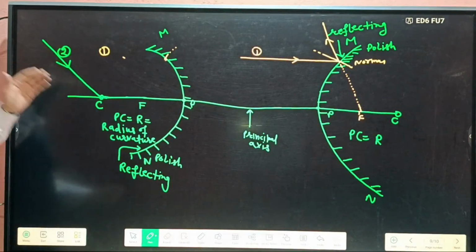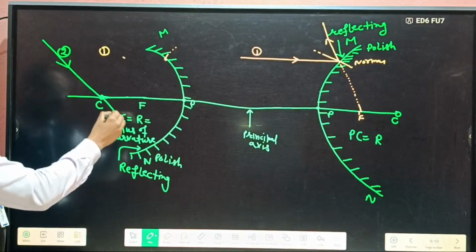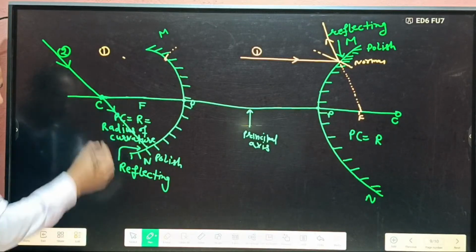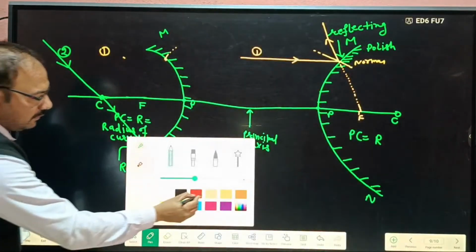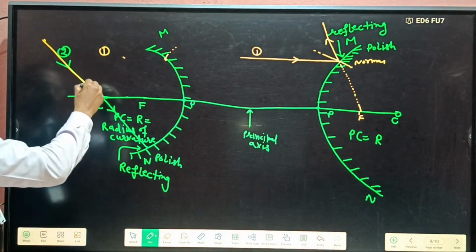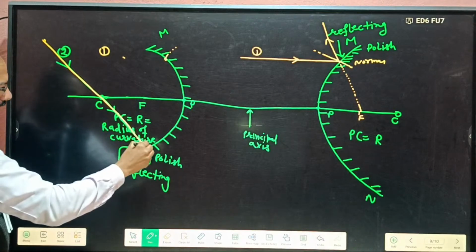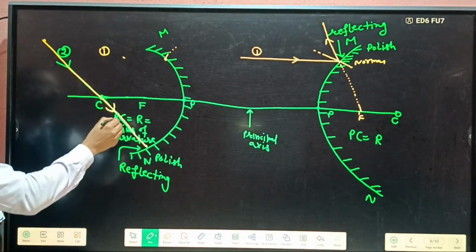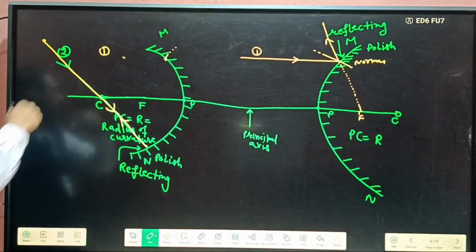It passes straight, so it is reflected in the same direction.